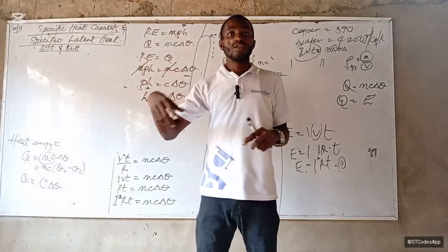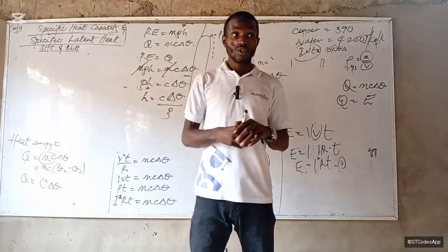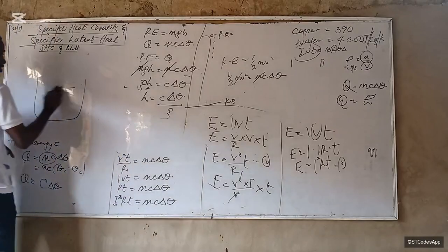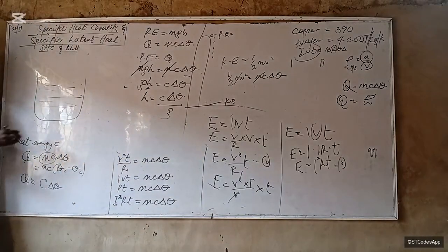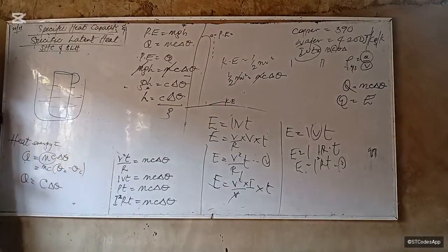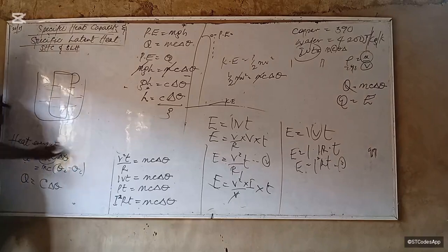An example is when your tea is hot, what do you do? You pour water into a bowl, and you put your cup inside. So your tea is hot, you want it to cool faster. So this system is a calorimeter.